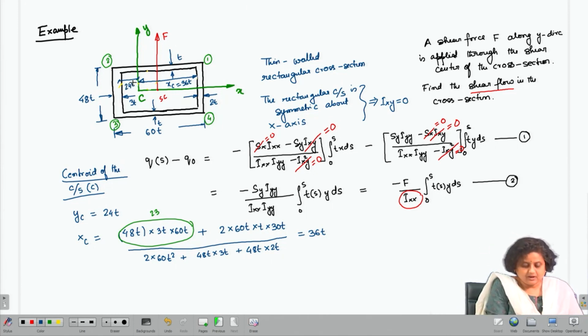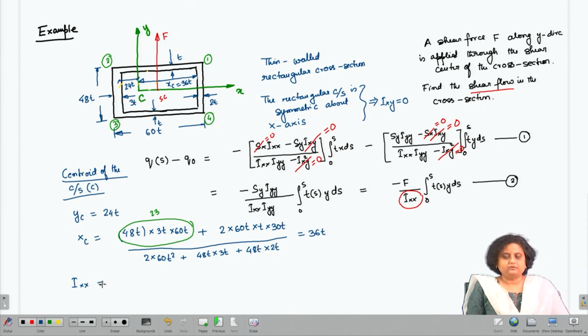Now, similarly, we need to find out I x x, the sectional property about the x axis.